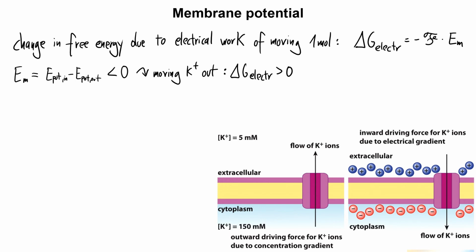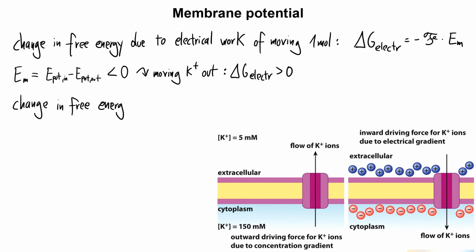It costs work. So you see, by definition, this formula tells us that the electric potential difference opposes the transport of potassium from the inside to the outside.